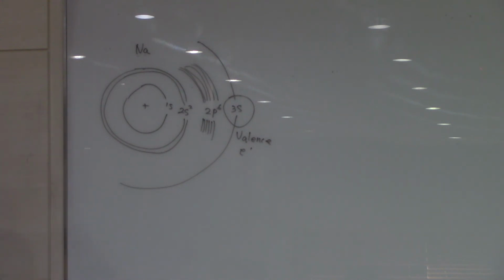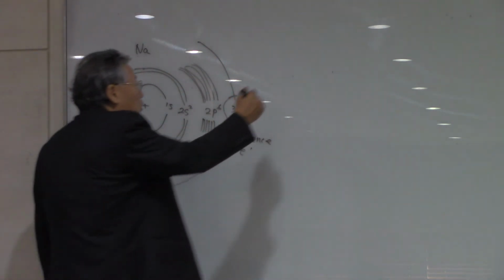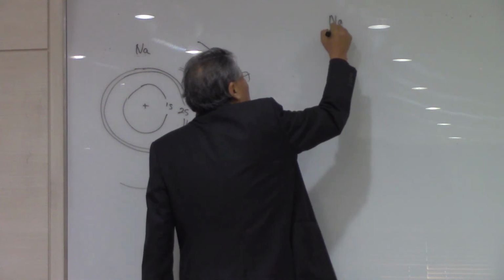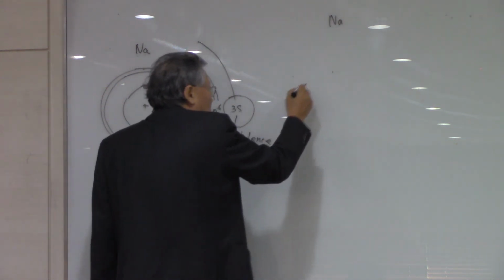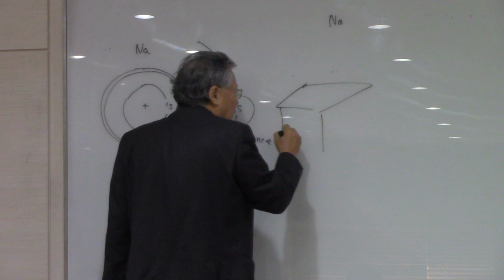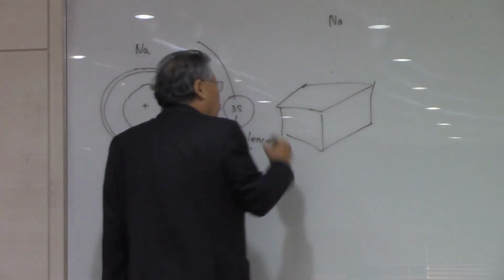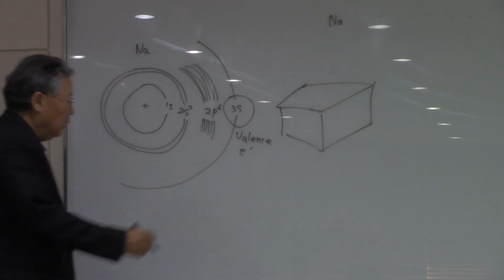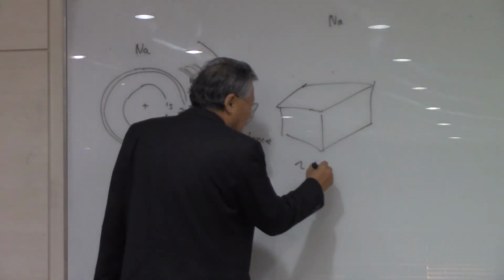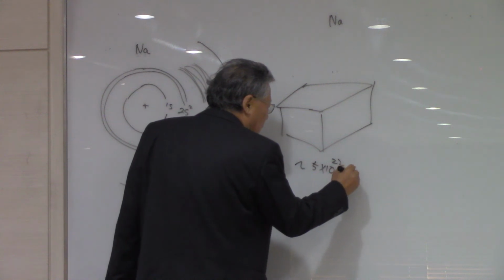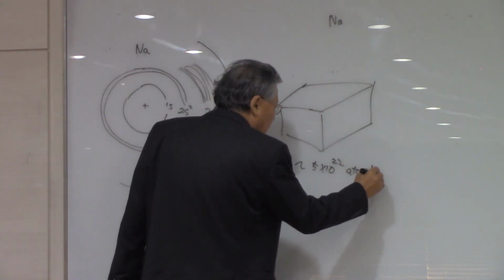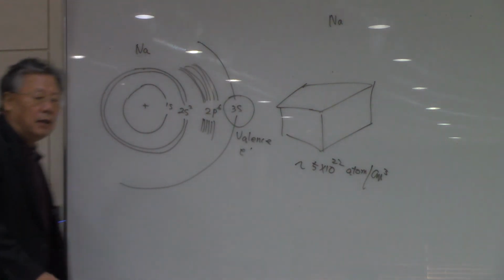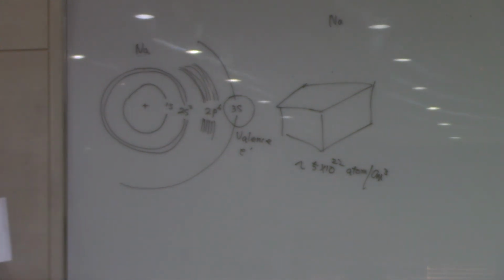Now, what's going to happen if you put two sodium atoms in one solid? In a solid, how many sodium atoms are there? It's about 5 times 10 to the 22 atoms per cubic centimeter. But let's just think about what happens if two sodium atoms get closer together.